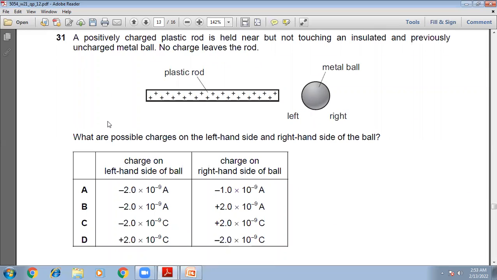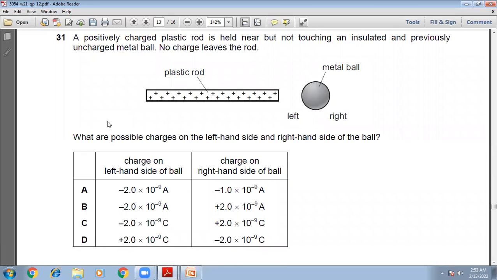A positively charged plastic rod is held near but not touching an insulated and uncharged metal ball. No charge leaves the rod. What are the possible charges on the left hand side and on the right hand side of the ball? On the left side of this metal ball a negative charge should appear, and on the right side a positive charge will appear.